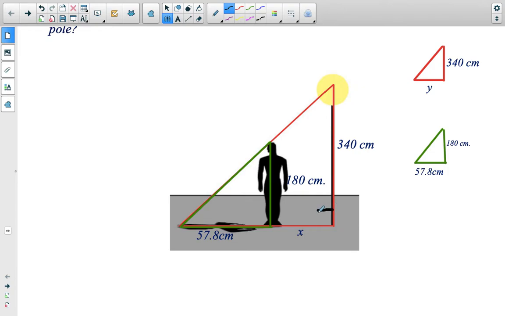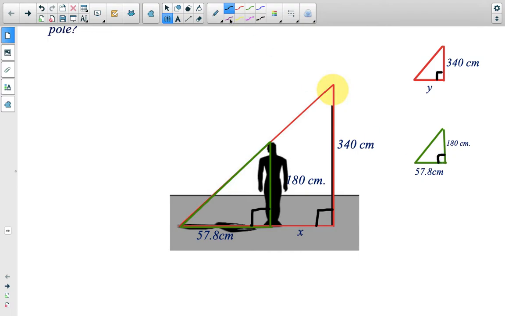So I know this is a right angle triangle, and I know this is a right angle triangle, because we're measuring height. So a lamppost, if I'm going to measure its height, this is going to be 90 degrees, and the same with the man. He's going to be standing, and we look at height with a 90-degree angle. So right now, they each have a 90-degree angle.